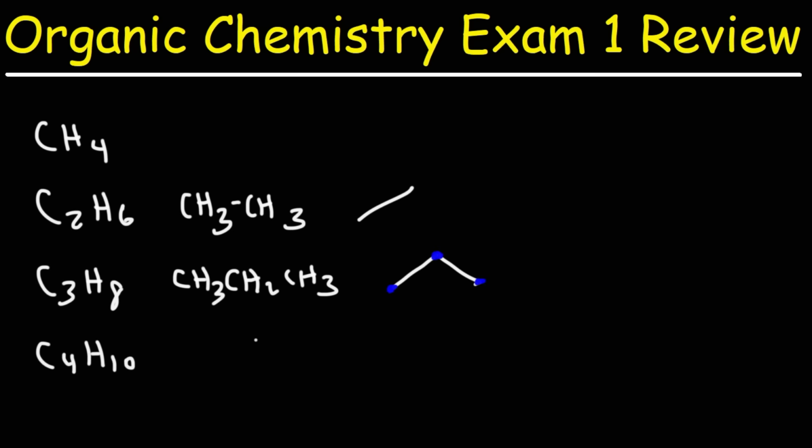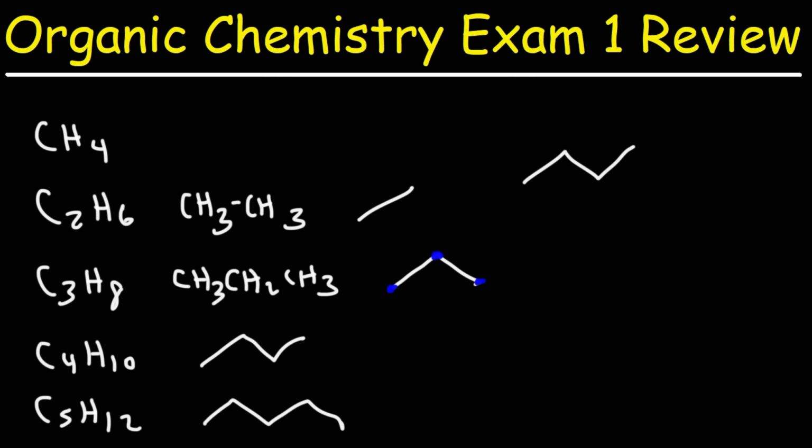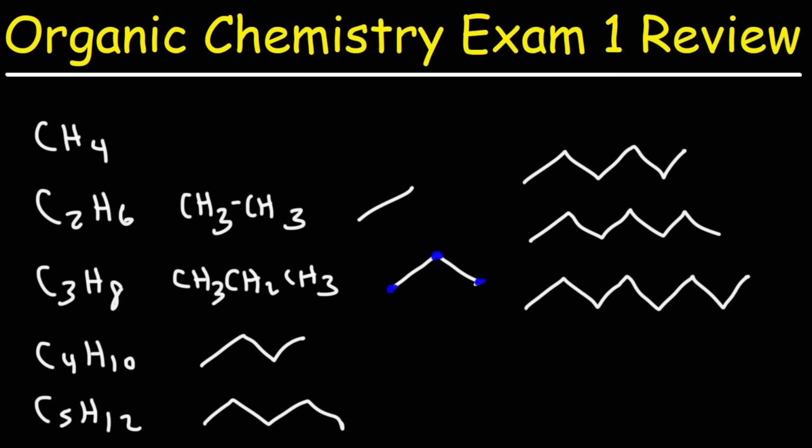C4H10, that's butane. C5H12 is pentane. C6H14, that's hexane. C7H16 is heptane. C8H18 is octane.